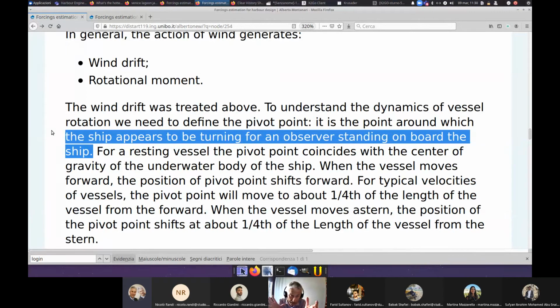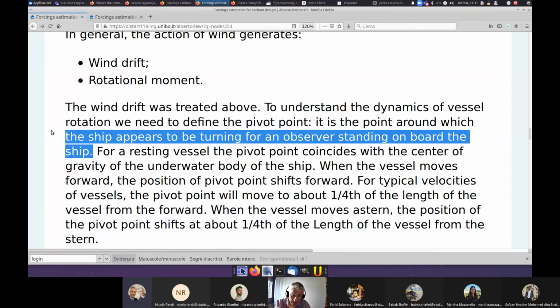You can understand why. A rotation is originated when the wind force acting, for instance, on the longitudinal area of the ship is centered on a point that is not aligned with the rotation axis of the ship.